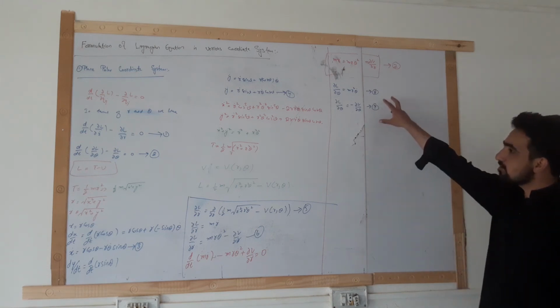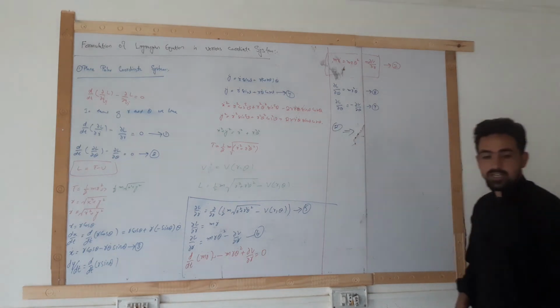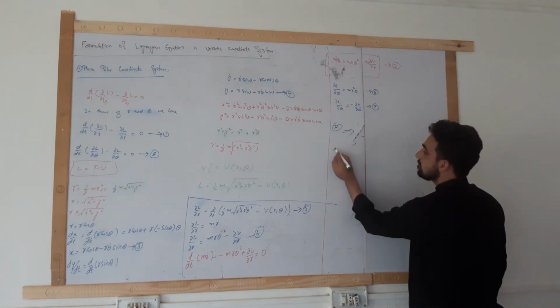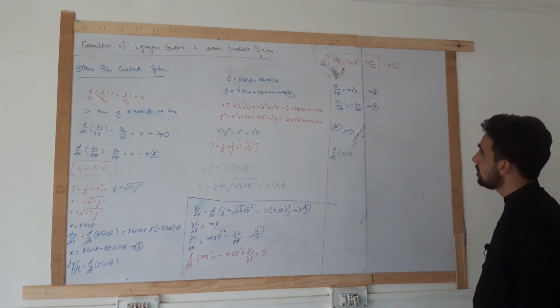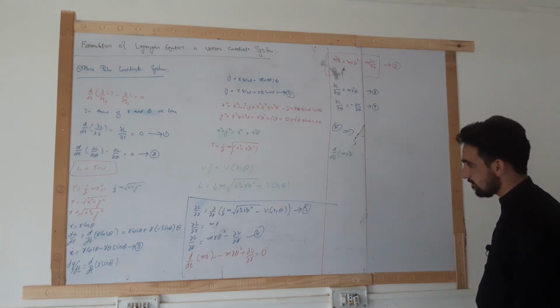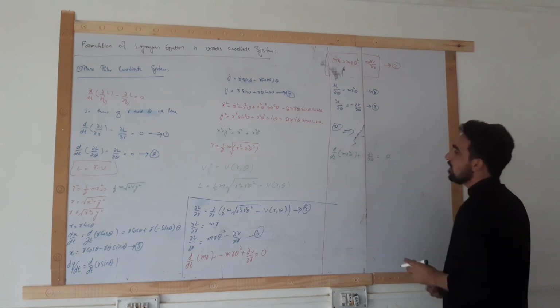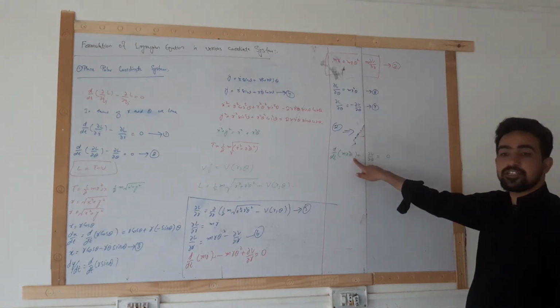We can substitute these two equations in equation 2, and equation 2 will imply that d by dt of m r squared theta dot plus partial V by partial theta is equal to 0. Now this term has two values, that is r squared depends on t and theta dot depends on t.